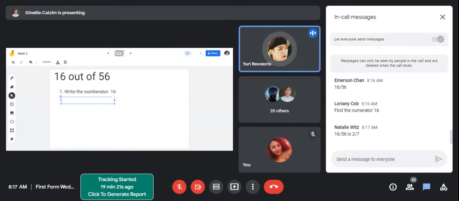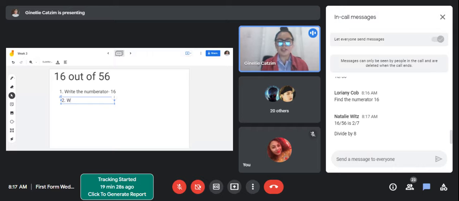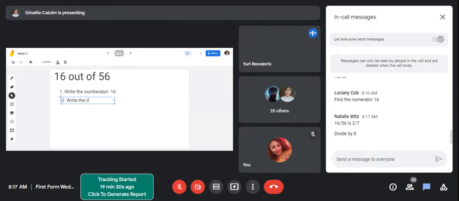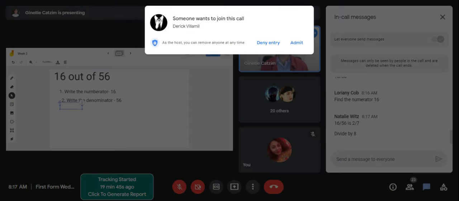Miss, now I think I have to find the denominator. Yes, find our denominator. Which one will be the denominator? 56. Very good. So what is our fraction? Our fraction is 16 over 56, right?